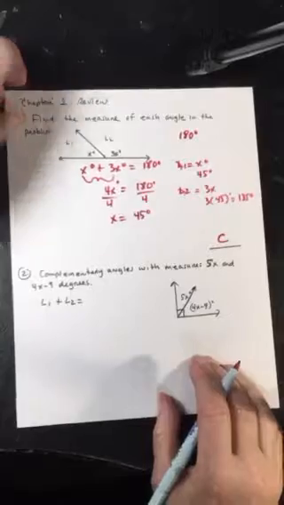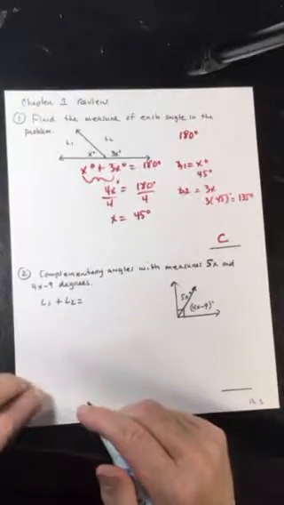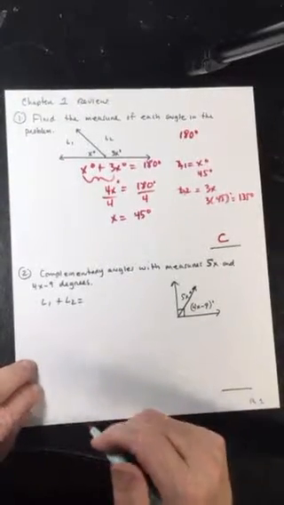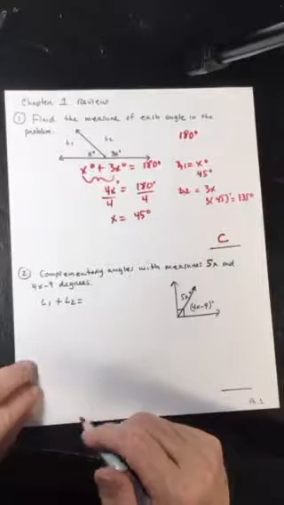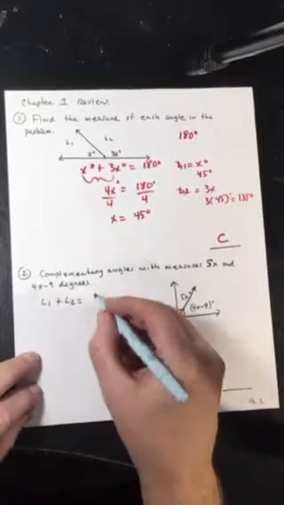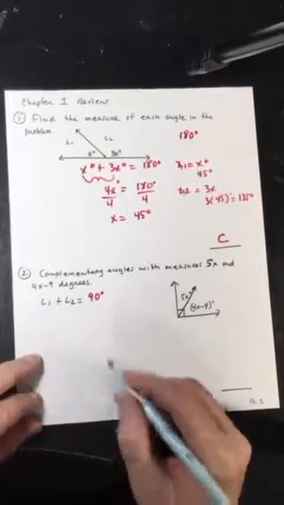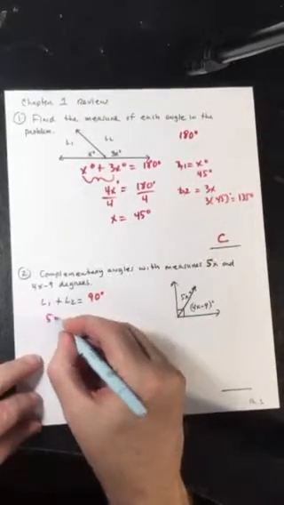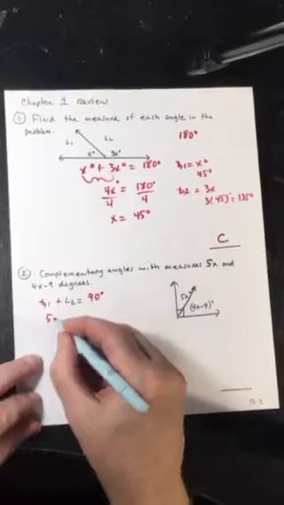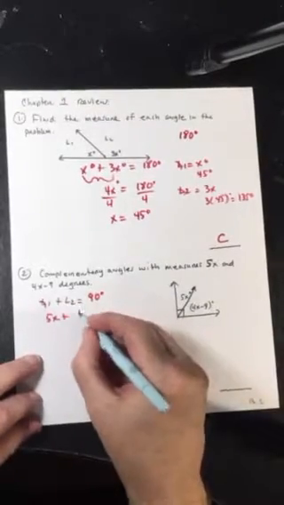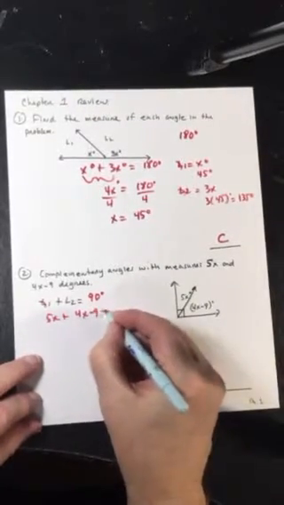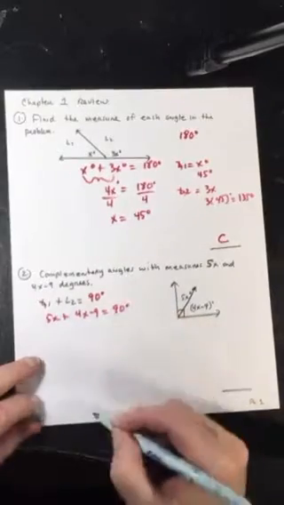Okay. Next question, complementary angles with the measures of 5x and 4x minus 9 degrees. So we know angle 1 plus angle 2, complementary means they have to add up to 90 degrees. Therefore we replace angle 1 with 5x, angle 2 with 4x minus 9, and that has to equal 90.